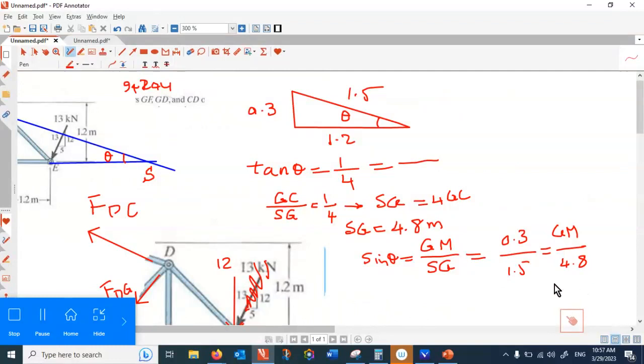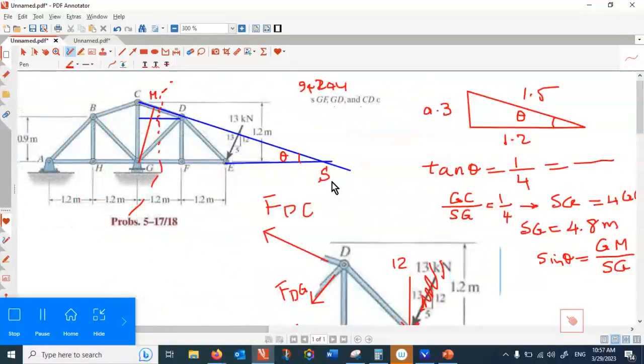Sorry? GM? Yeah, that's in this triangle. Look, at this large triangle, sine theta is equal to GM divided by SG. Yeah. All right?